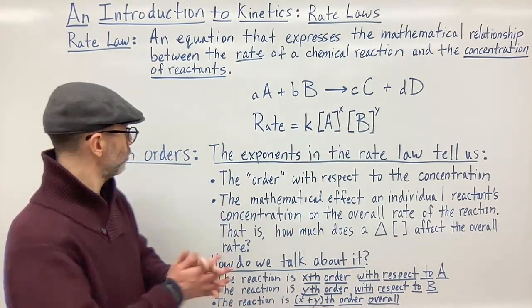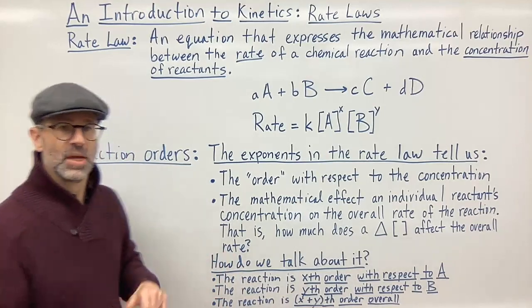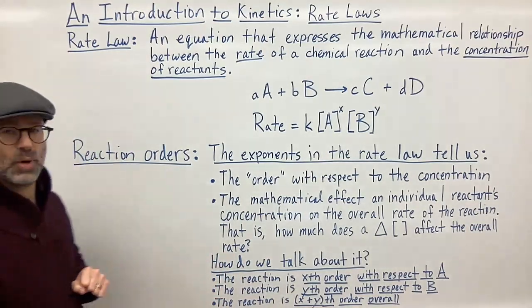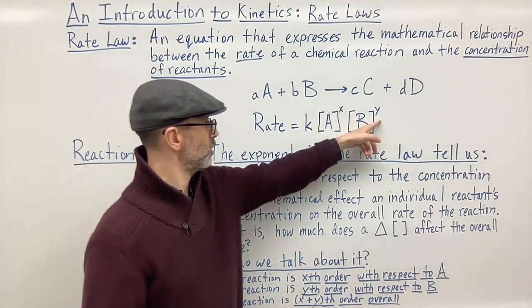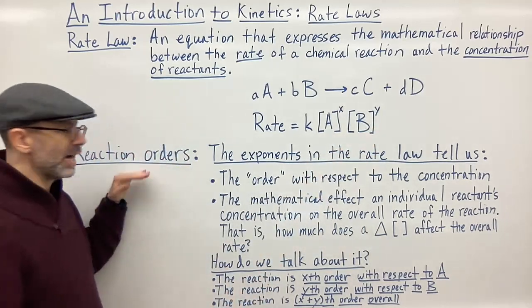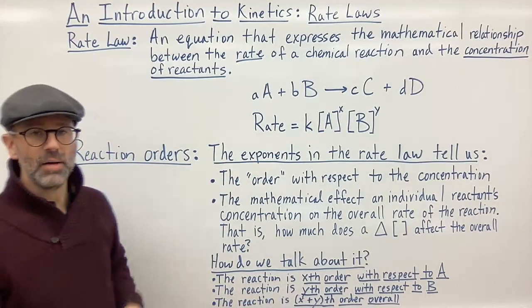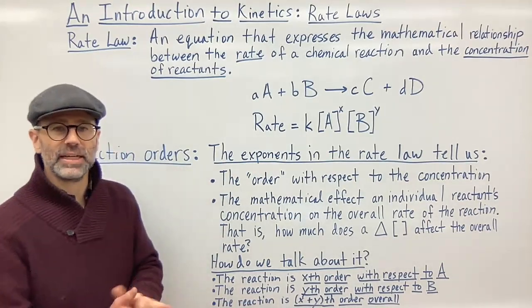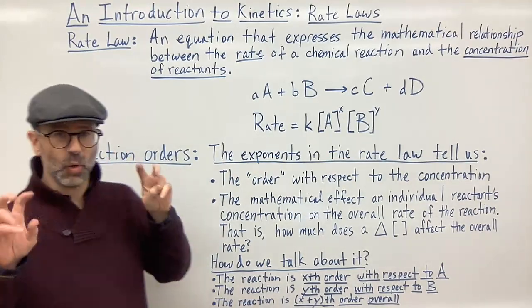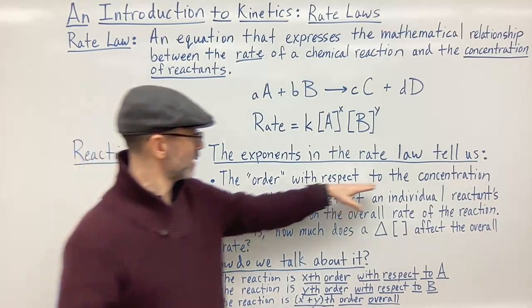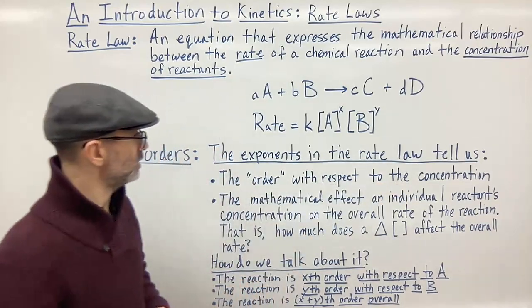Okay, so let's talk about orders. Reaction orders are the exponents in the rate law, and they tell us a couple of things. They tell us the order with respect to the concentration.